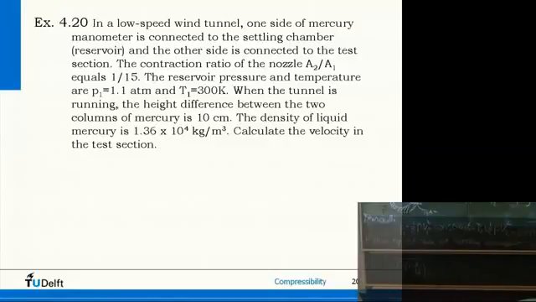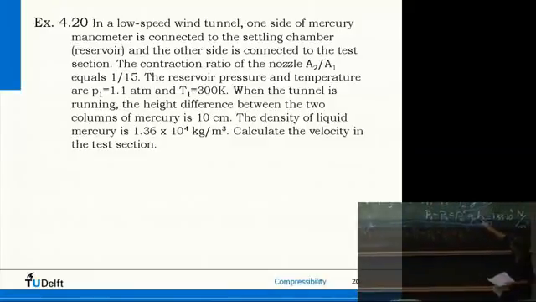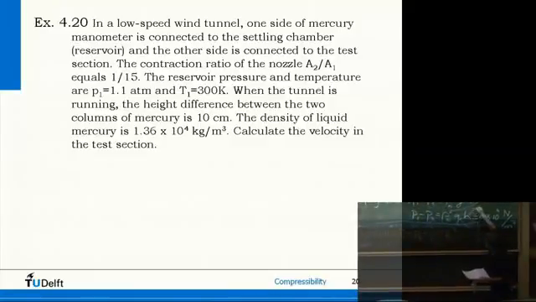You use the gravitational acceleration at Earth, 9.8 meters per second squared. And h was given to be 10 centimeters, so 0.1 meter. Yeah? So if you put that in, you find that the pressure difference is 1.33 times 10 to the power 4 newtons per meter squared. So that is a way different order than supersonic pressure differences of something like 9 atmospheres.